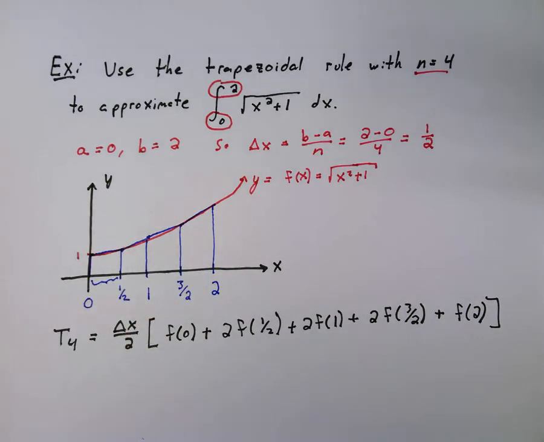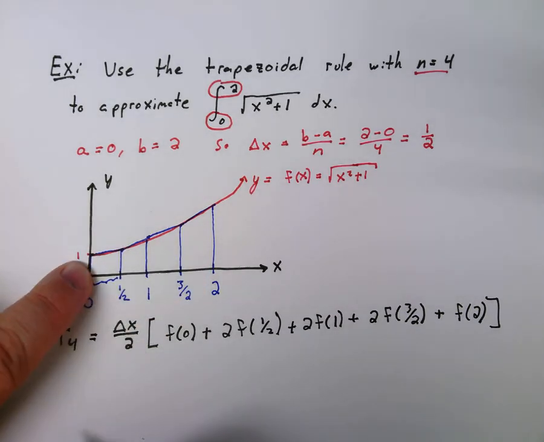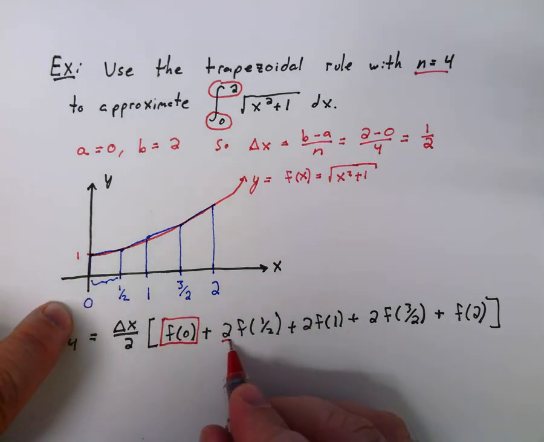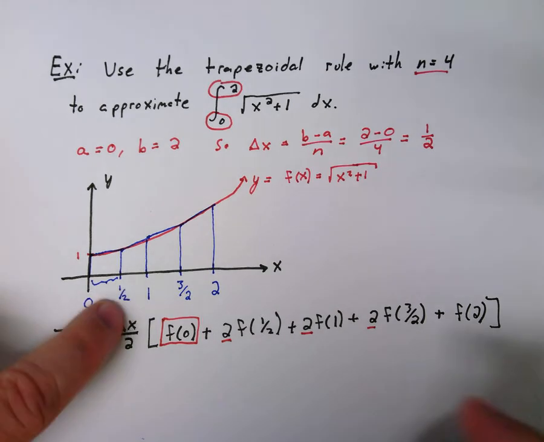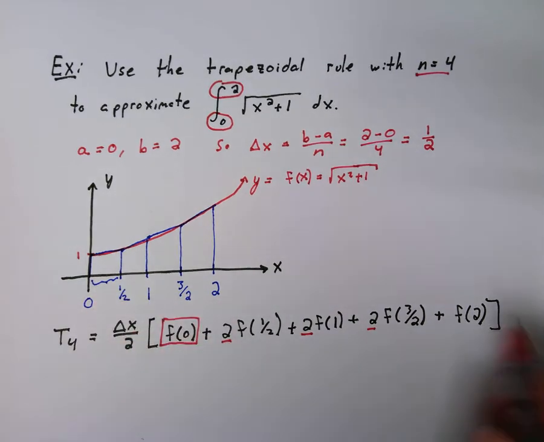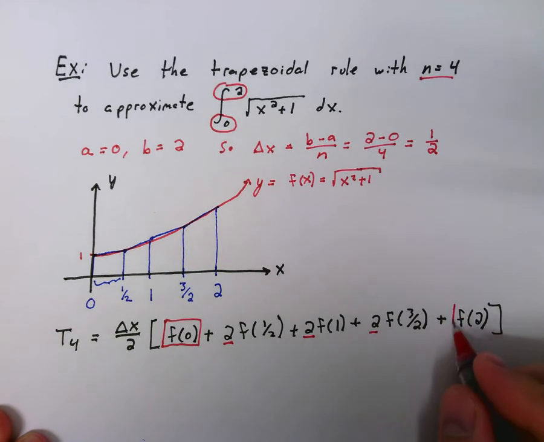So what you see is that the first one is f of 0 by itself, and then everything else has a 2 in front: 2 of f of 1/2, 2 of f of 1, 2 of f of 3/2, and then the last one is f of 2.